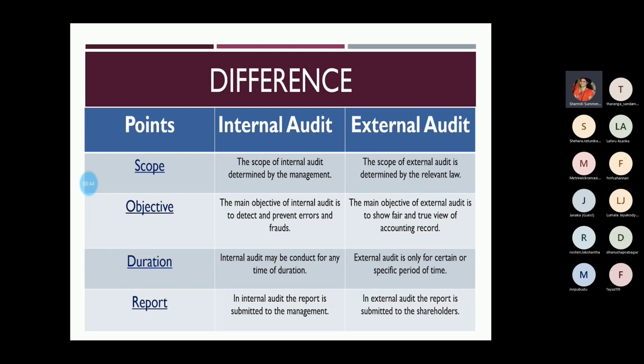When we talk about the objective or aim, the goal of the internal audit is to detect and prevent errors and frauds. With the internal audit, we can identify corruption, malpractices, or errors undertaken by members of the particular organization.